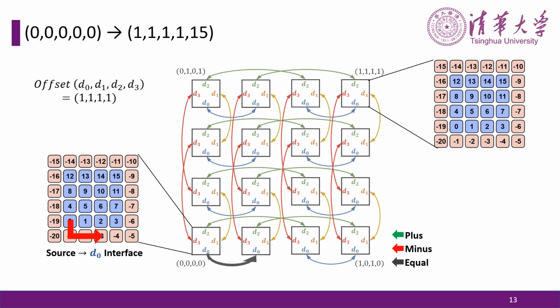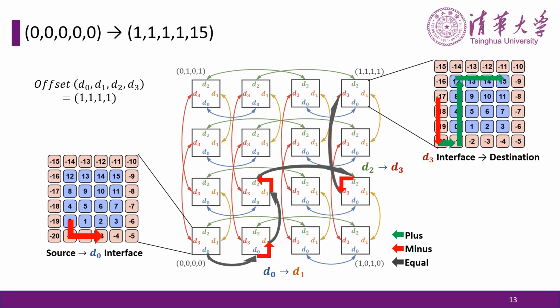Then it goes along the interface ring and traverses all dimensions through minus channels and equal channels. Last, it goes from the dimension 3 interface to the destination with one turn from a minus channel to a plus channel. The key is that a message can traverse all dimensions along the interface ring. For other topologies that can adopt dimension-order routing, such as the ND mesh, the algorithm is similar.